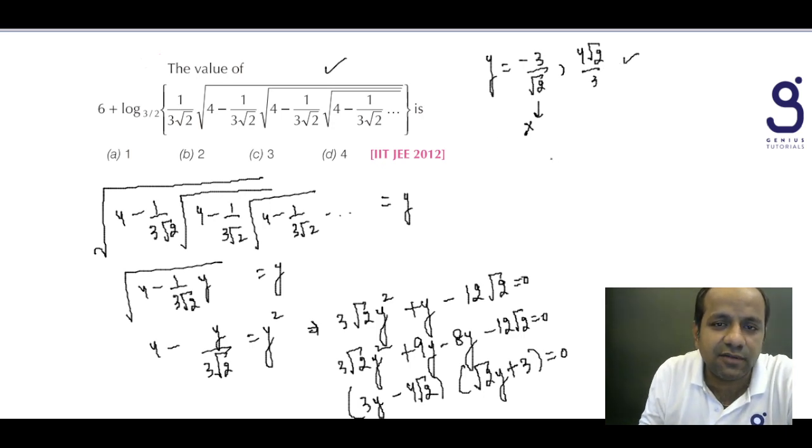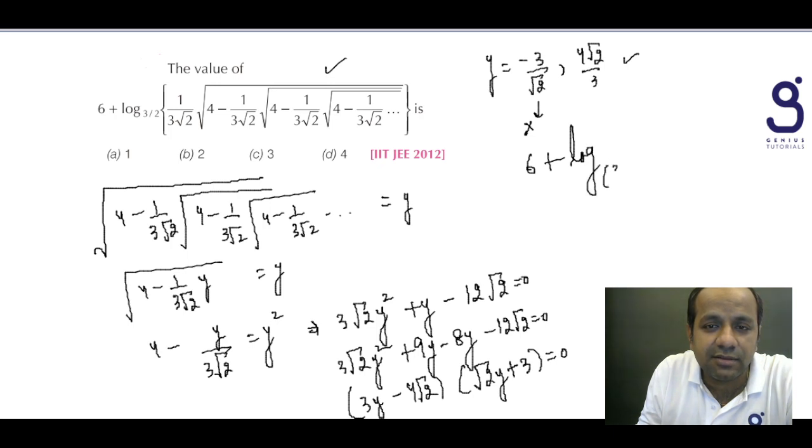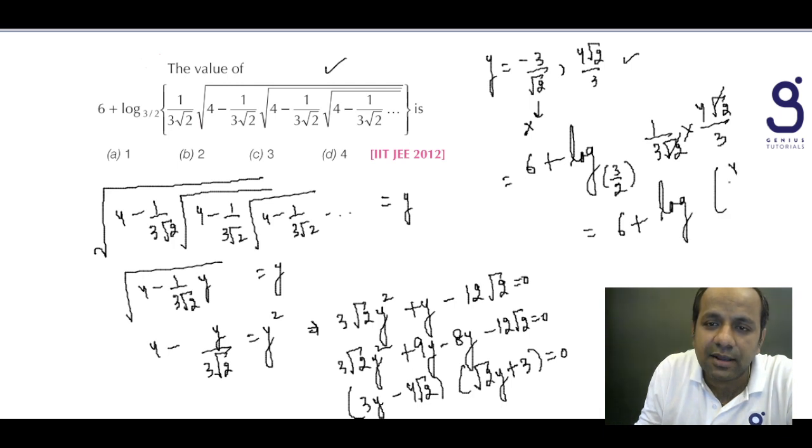Just substitute that value here. You will get 6 plus log, base is 3 by 2 here, of 1 by 3 root 2 into 4 root 2 by 3. This root 2 will cancel out. So the expression is 6 plus log 4 by 9, base 3 by 2 here.